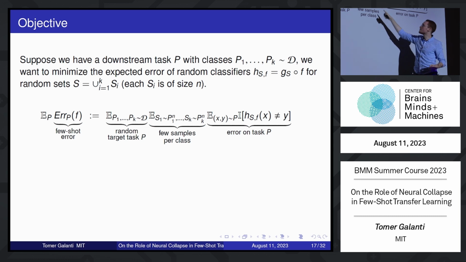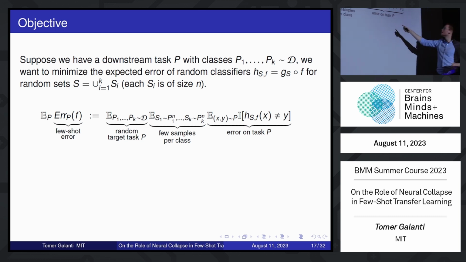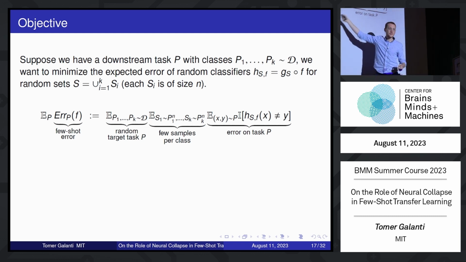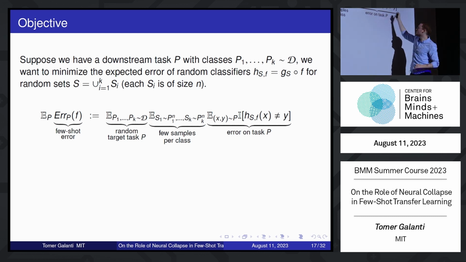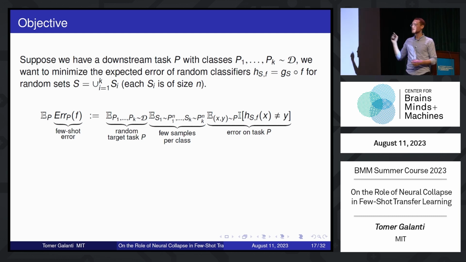Okay, so we take expectation over the selection of the data, and we measure the performance on the given task. Okay, so we have this classifier that is given by F, adapted to the few samples, and we measure the performance in expectation over new samples from this new task, the downstream task. Okay?